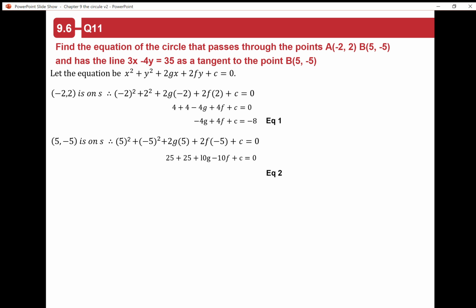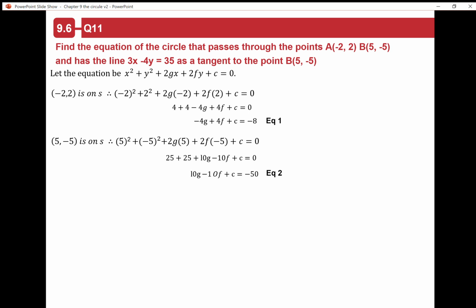This gives us 25 plus 25 plus 10g minus 10f plus c equals 0. And adding together our like terms and bringing our constant to the other side gives us 10g minus 10f plus c equals minus 50. So we have our second equation.